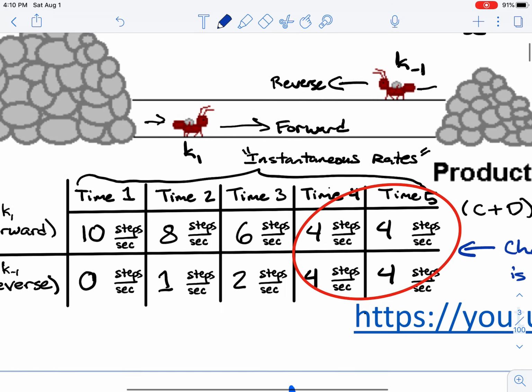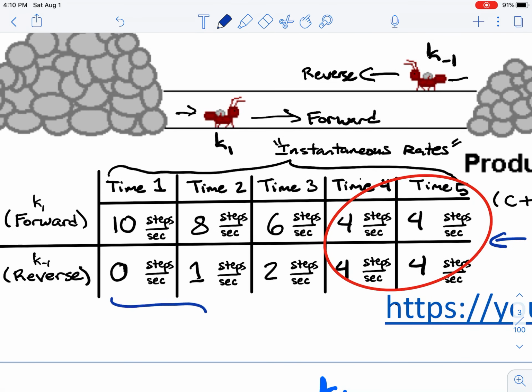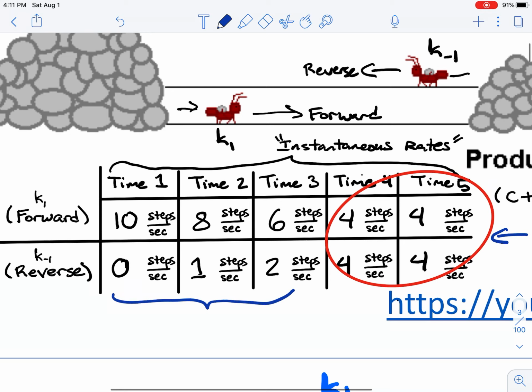And so for time 1, time 2, and time 3, this specific section, notice how the rates are not the same. And so during these times, the chemical system is not at equilibrium.